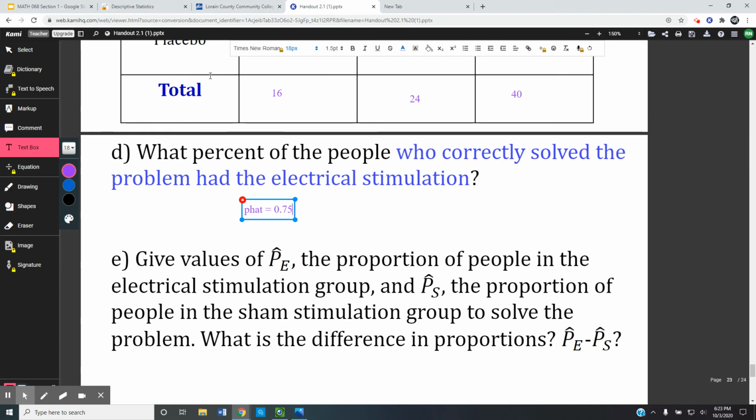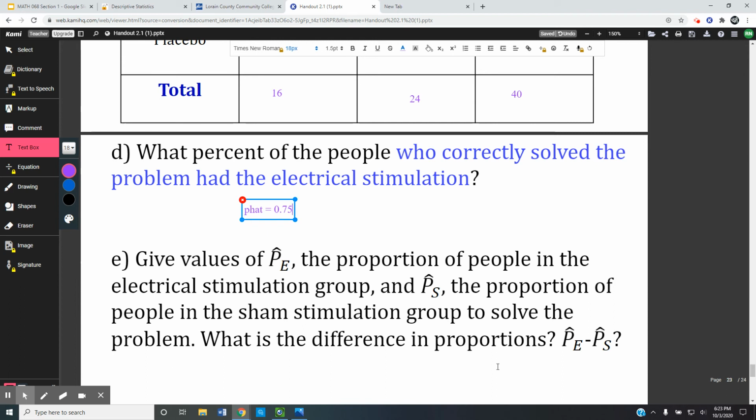Give values of P of E. So this is the proportion of people in the electrical stimulation group, and P of S, the proportion of people in the sham stimulation group, to solve the problem. What is the difference between P of E and P of S?